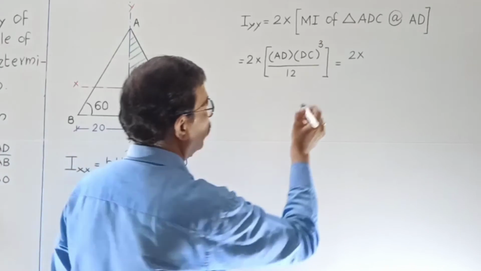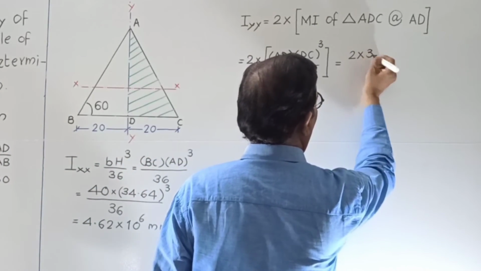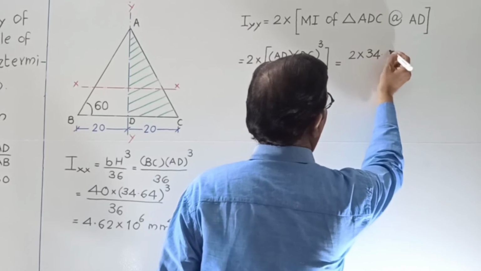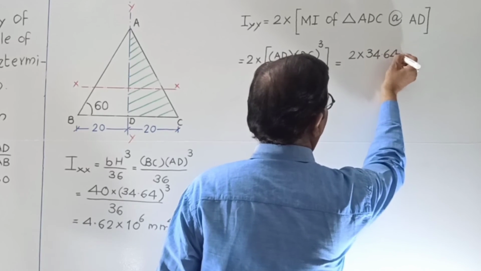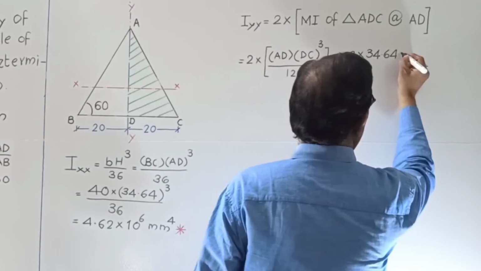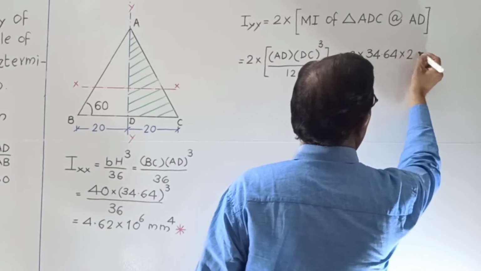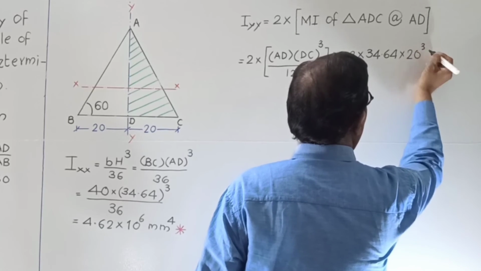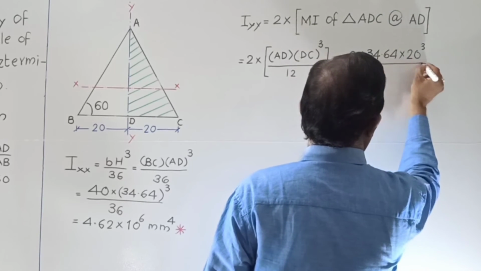AD is 34.64. What is H? DC is 20. Cube of 20 divided by 12.